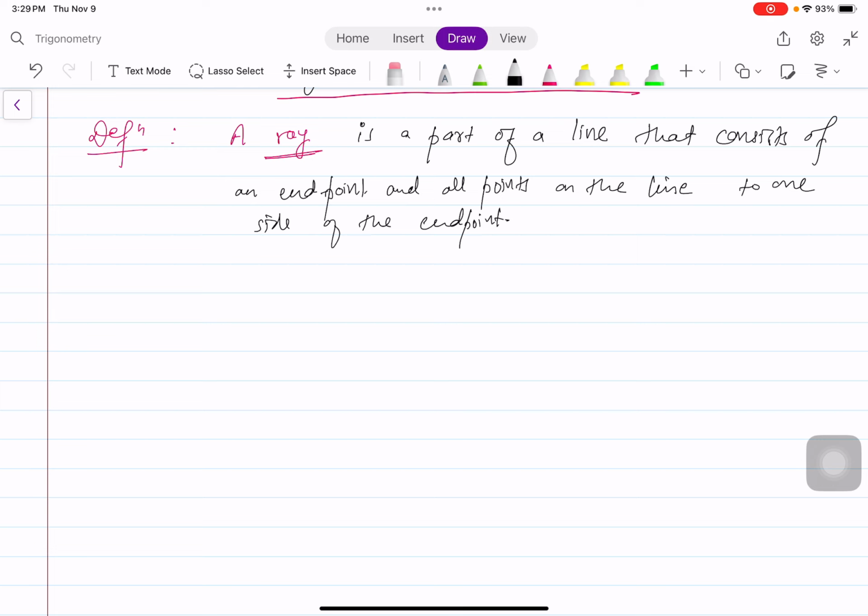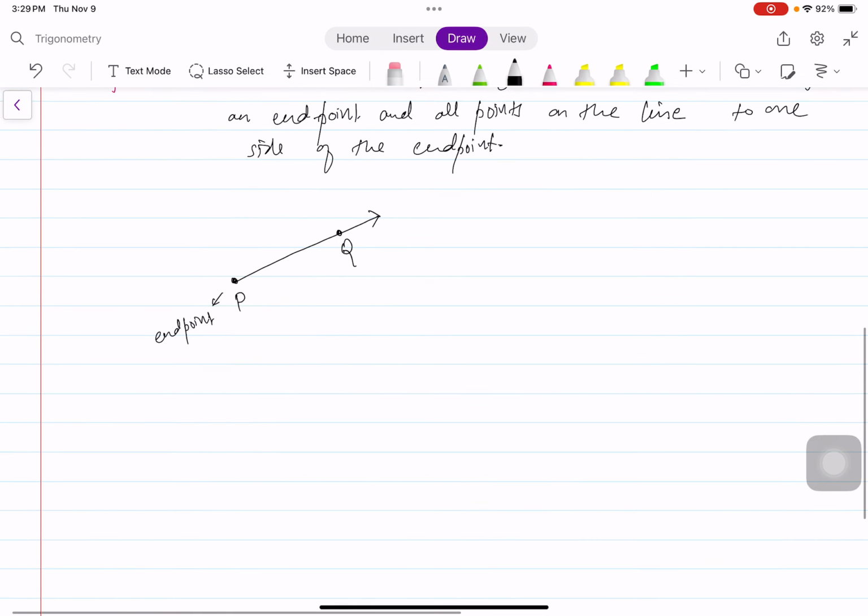So this means, say we have any ray PQ. This is say point P and this is say point Q. So this is the endpoint, one of the endpoints, and this is another point. Normally I like to call it the initial point.